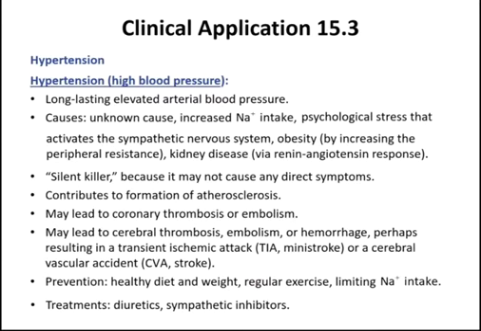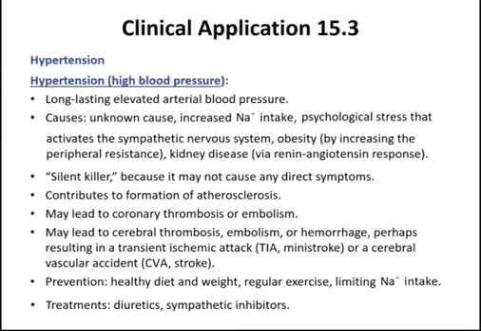It's called the silent killer because you may not have any symptoms for a long time that you have hypertension. When you have hypertension, you can increase your risk of developing atherosclerosis. As I mentioned before in this chapter, it also can lead to the formation of a clot, like a thrombosis or an embolism in the area.